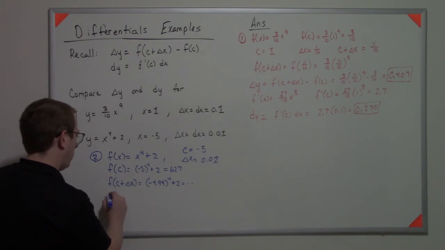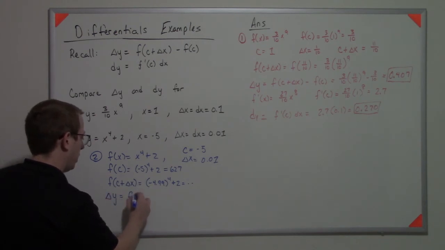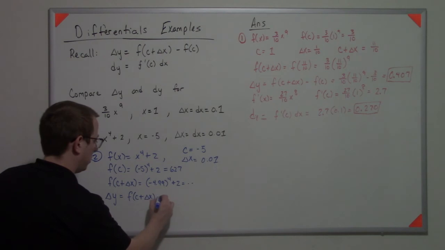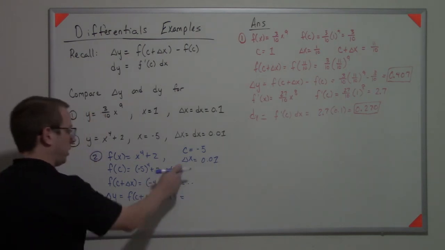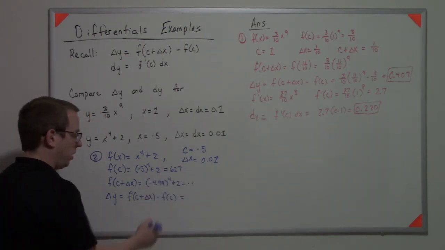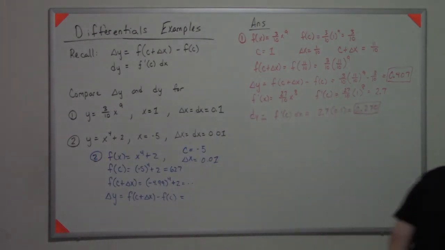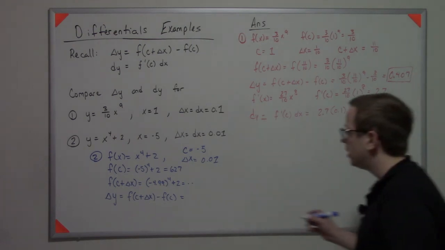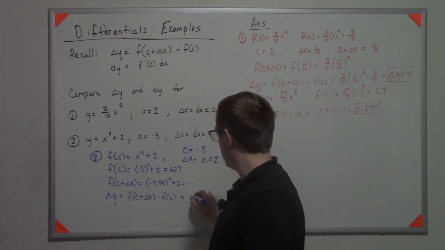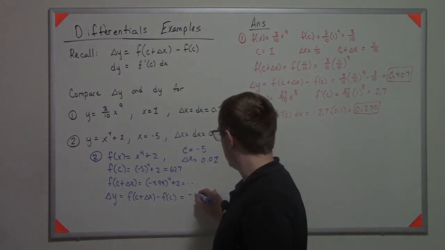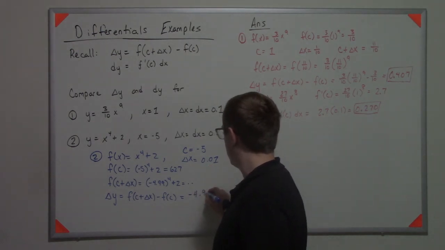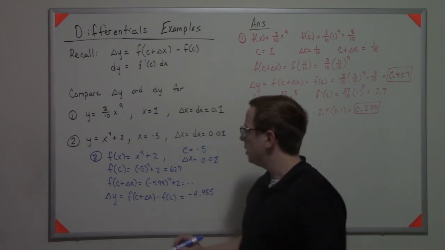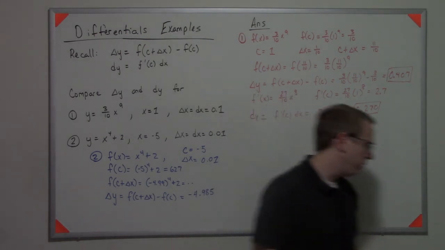And if I do delta y, which is f of c plus delta x minus f of c, so if I take 627 and subtract this number, I'm going to get -4.985.